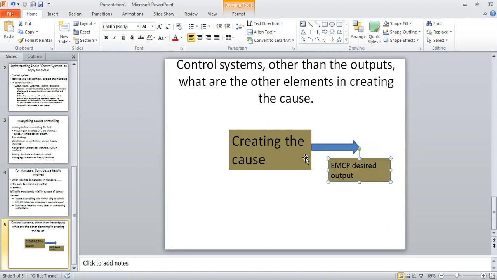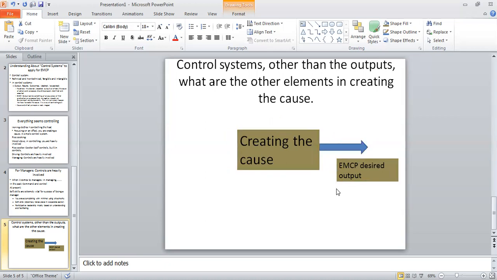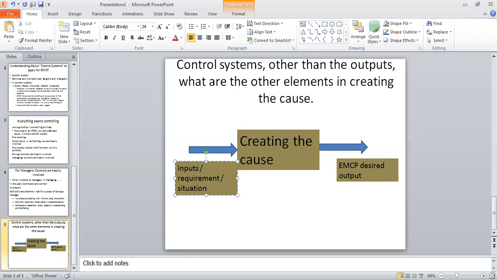It is a natural phenomenon that this desired output means when you are thinking of this output, there should be some reasons to think of that. So we call this, there are some inputs or a requirement or a situation.